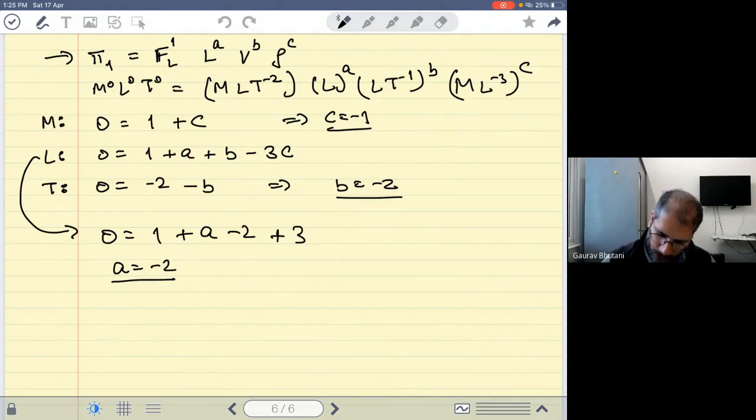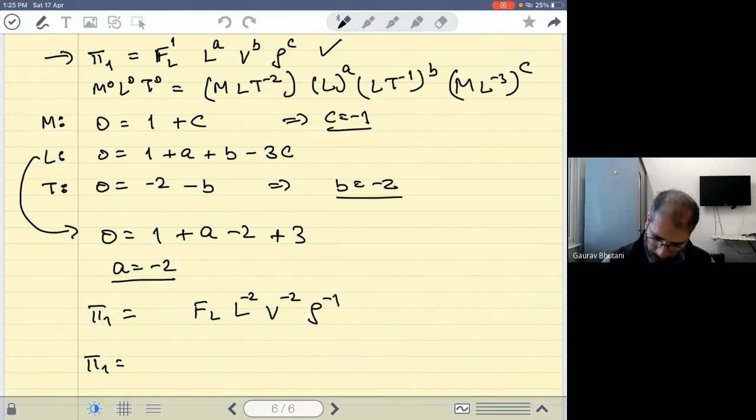Right. So this gives us pi1 as FL, L to the power of A, which is L to the power of -2, and V to the power of B, which is V to the power of -2, and rho to the power of C, which is rho to the power of -1. So I can now write this pi1 as FL divided by rho V square L square.